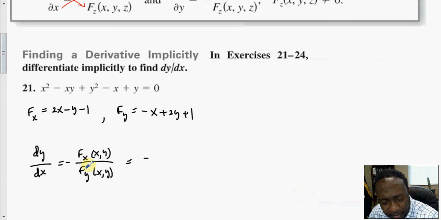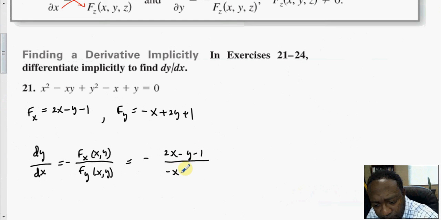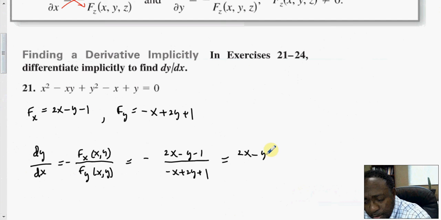So this is negative. We put this F sub x first. This is 2x minus y minus 1 all over negative x plus 2y plus 1. And if you run that negative downstairs, this is 2x minus y minus 1 all over x minus 2y minus 1.